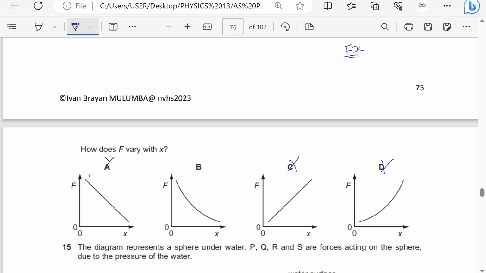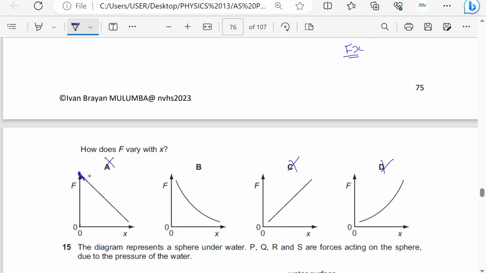Why won't it be this one here? Because this one means when x is 0, there will be a force F, a certain value. We can determine F for which x is 0, which is practical because when I extend this, it cuts the y-axis.